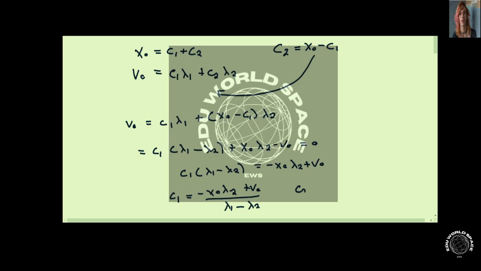And if we did it with c2 instead, with c1 equals x naught minus c2, we will have something very close to this, and it's not going to be as extreme.